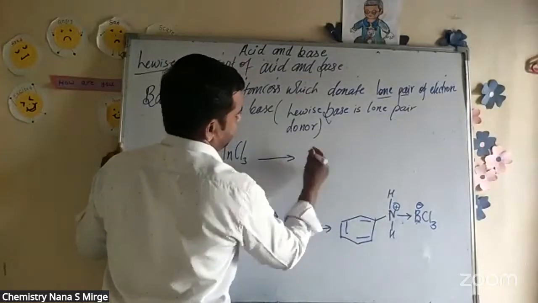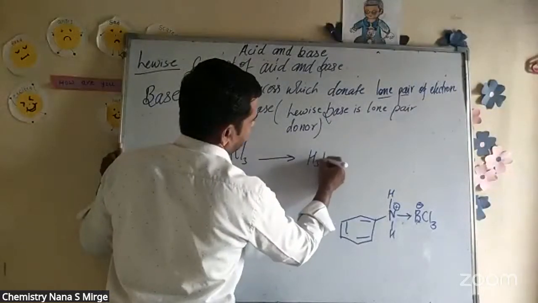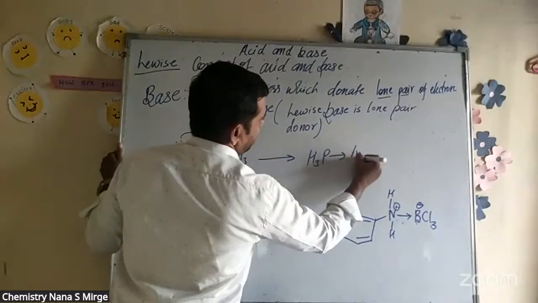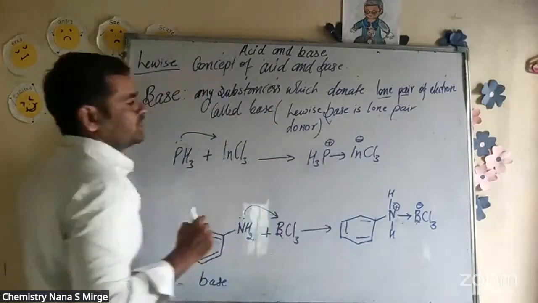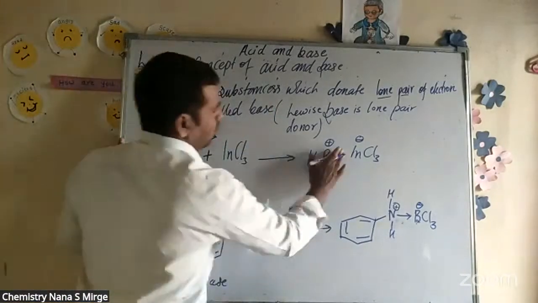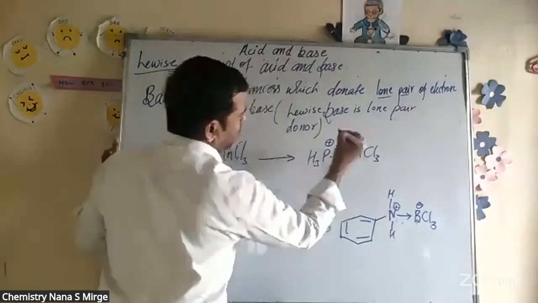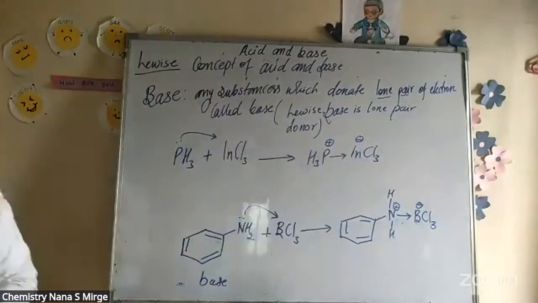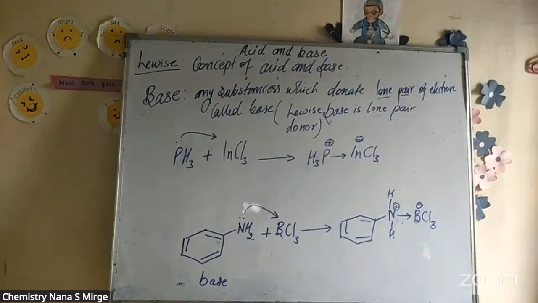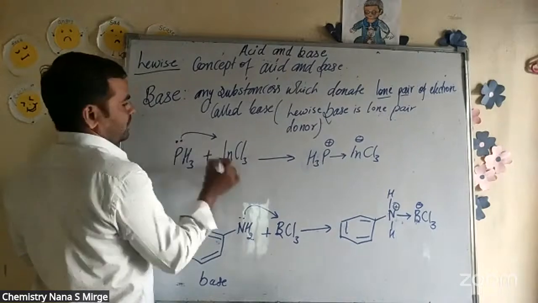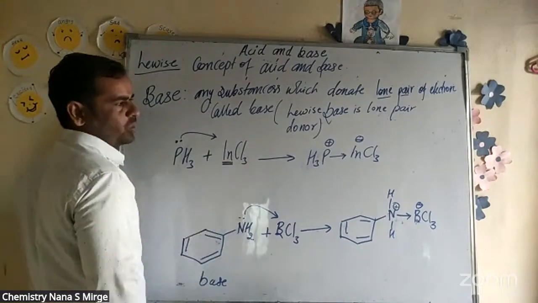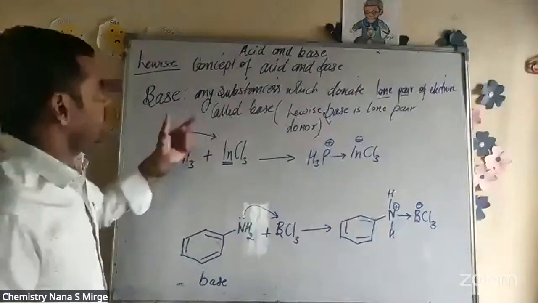The phosphorus atom can donate a pair of electrons towards the iron having negative Cl3, and this phosphorus gets a positive charge. The arrow indicates the electron donation toward the iron atom. Simply, any species which donates a pair of electrons towards the empty orbital of iron is a base.